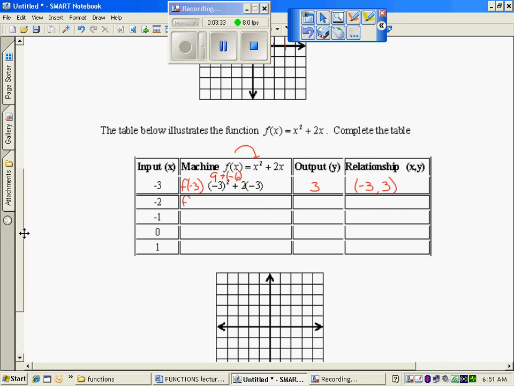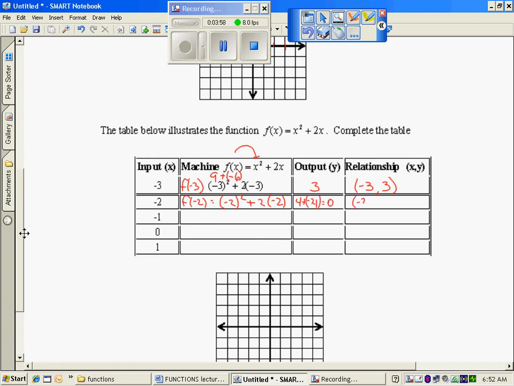When I try f at negative 2, I take negative 2 and square the entire input, add 2 times the input. Simplifying that, negative 2 times negative 2 is 4. 2 times negative 2 is a negative 4. When I add those two together, I get 0.